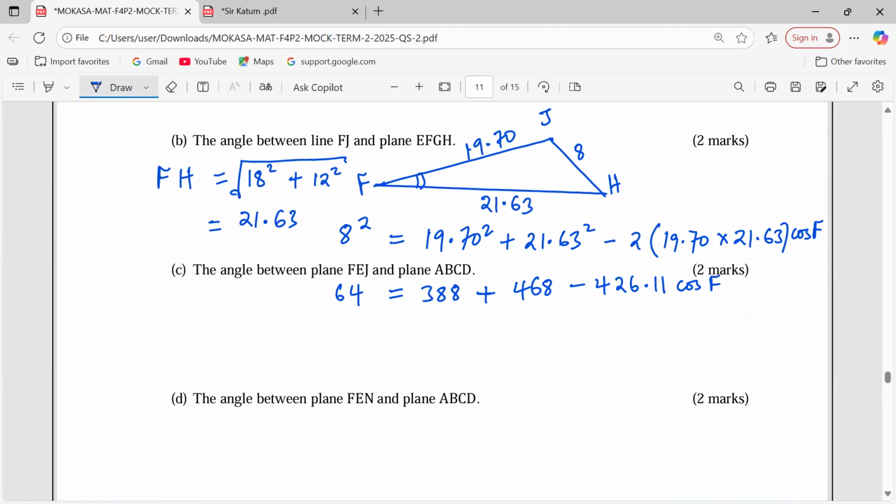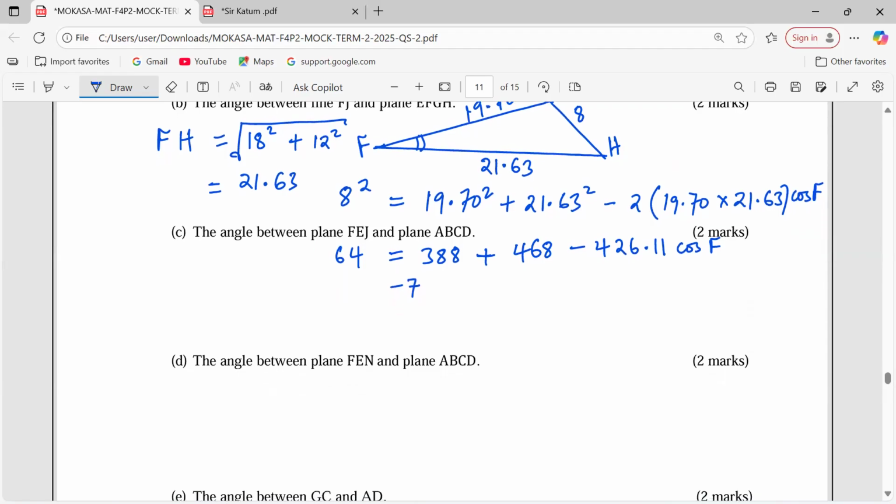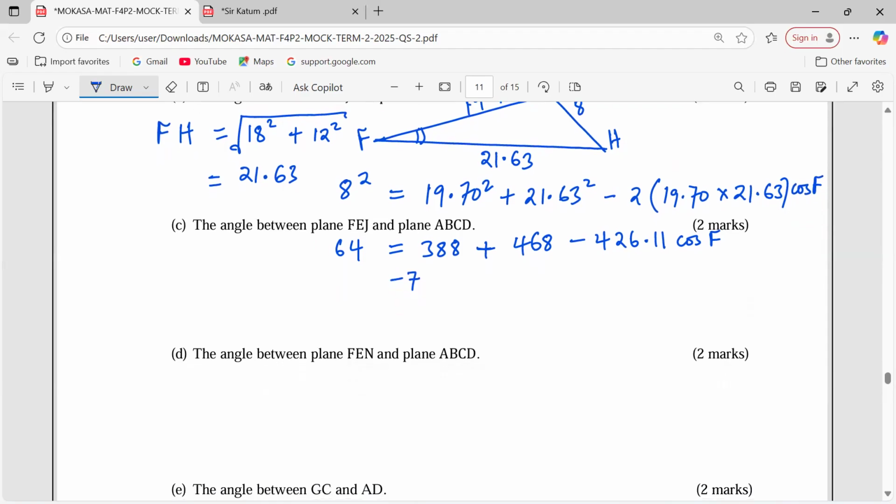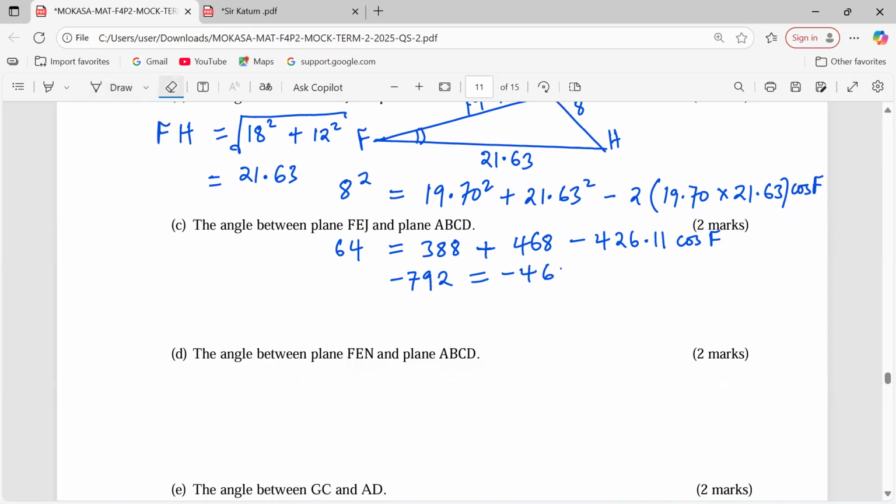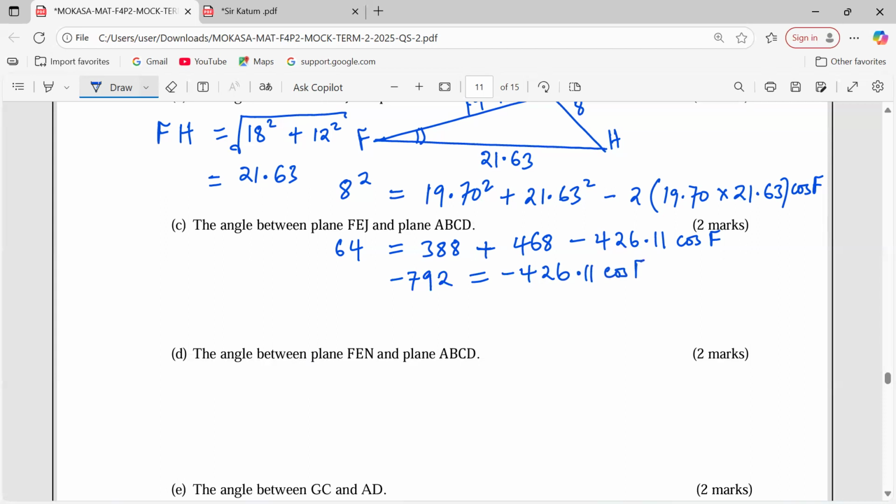Then with that, we can group terms: 64 minus 388 minus 468, giving us -792, equals -426.11 cosine of the angle at F. So cos F shall be, we divide this.